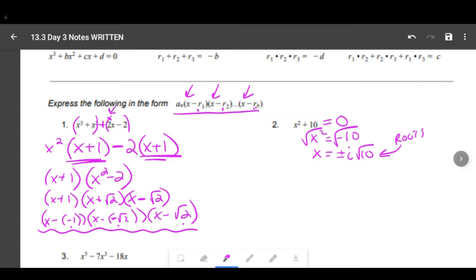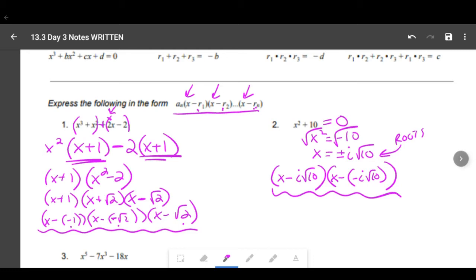So all I'm going to do is write it in the form it said in the beginning, the factored form. I'm going to put x minus i radical 10. And then again, the other root is a positive one, so I'm going to do x minus parentheses negative i square root of 10.